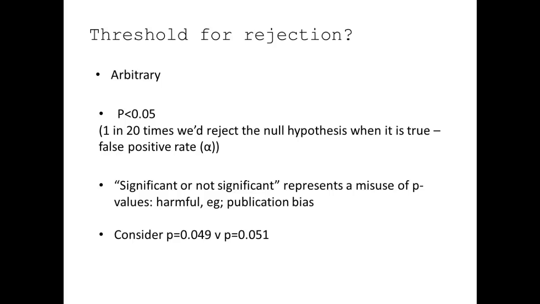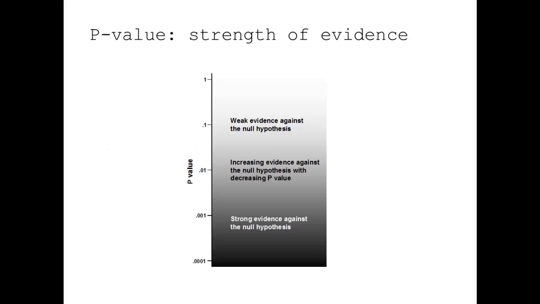Consider, for instance, two studies on the same topic, same sample size, etc. One finds a p-value of 0.051, another a p-value of 0.049. In one case, you'd reject the null hypothesis, and in the other, you'd not reject it. It's arbitrary. So hopefully our discussion of p-values has allowed you to think of them as a continuous indicator of the strength of evidence against the null hypothesis, which is encapsulated in this diagram.